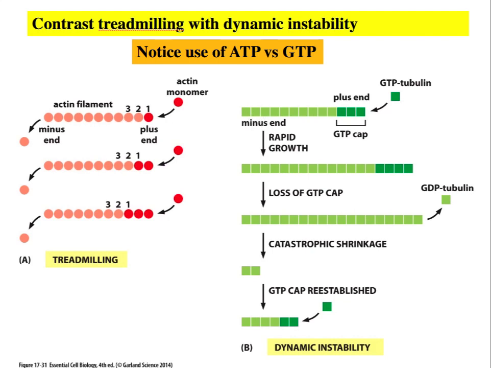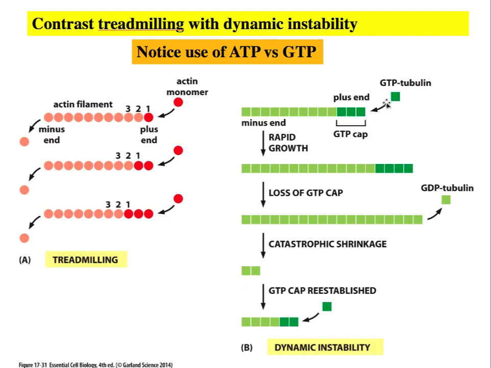In contrast, dynamic instability is where the subunits are added and removed at a high rate from the same end. So here, this will be unit number 1, and this would still be unit number 1, as well as here, here, and here.